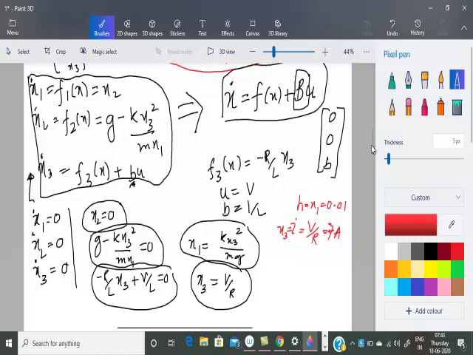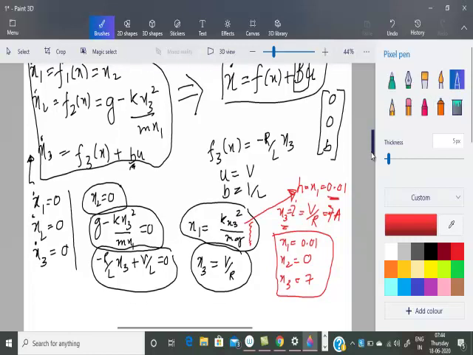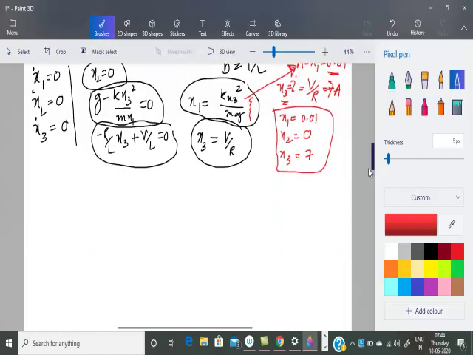So from this you can say the equilibrium points, and when you have this x3 you can calculate x1, you should get it back as 0.01 meters here. So the equilibrium points are x1 is equal to 0.01, x2 is equal to 0, which is the velocity, and x3 is equal to 7. So this is your equilibrium point. At this, the system is going to be stable, which actually means that some amount of current keeps the ball at the displacement of 0.01 meters from the coil.